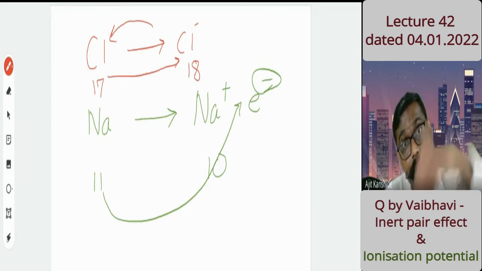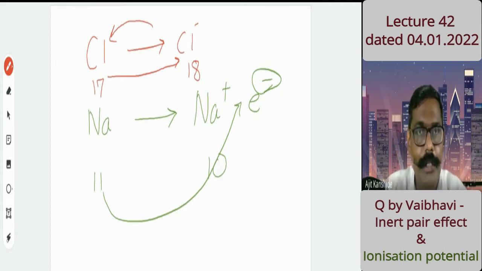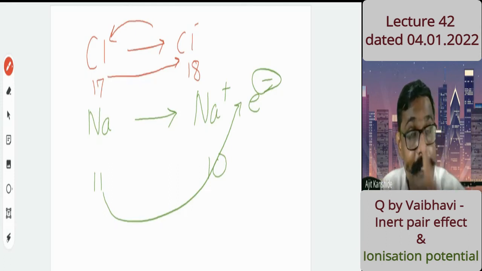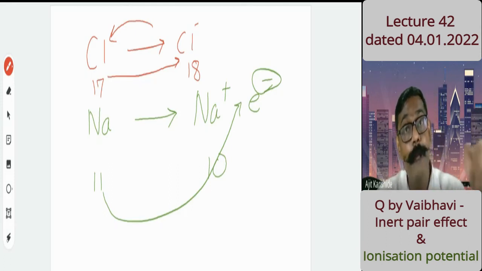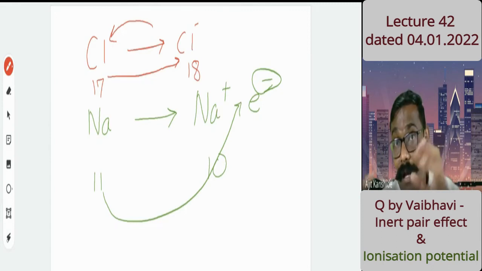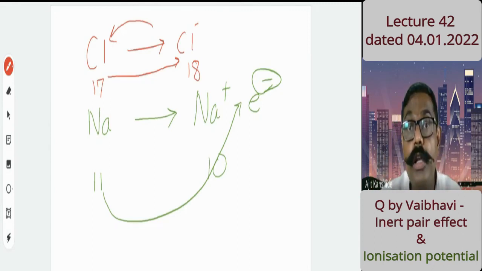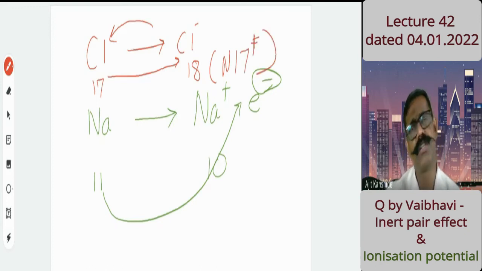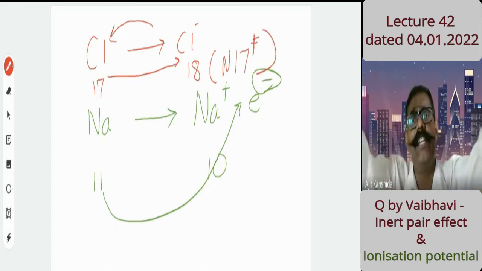Of course it has a negative charge, and that negatively charged electron will remain bound, in attraction to the nucleus. No doubt the nucleus has only 17 protons, 17 positive charges, but 18 electrons are there.